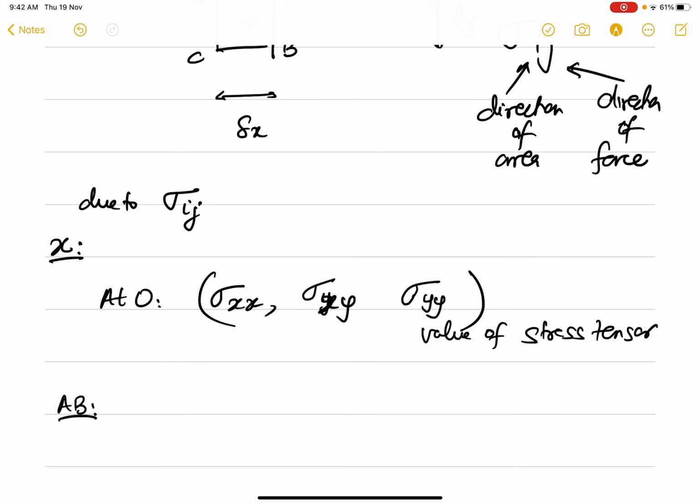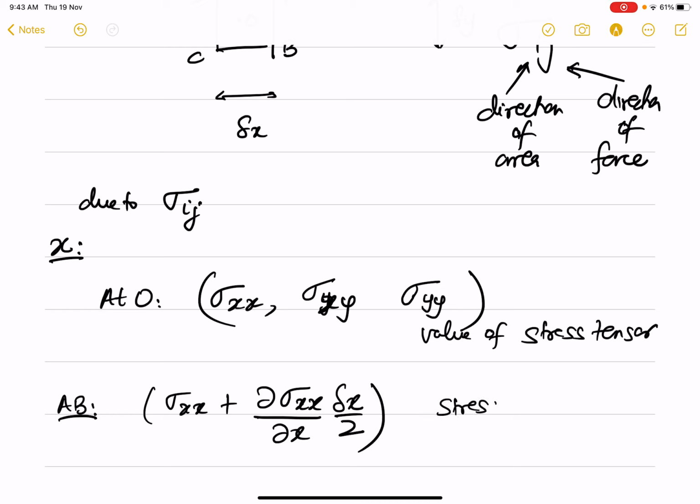The stress tensor will be given by sigma xx plus partial sigma xx by partial x multiplied by delta x by 2. This will be the stress tensor, the stress sigma xx at AB.